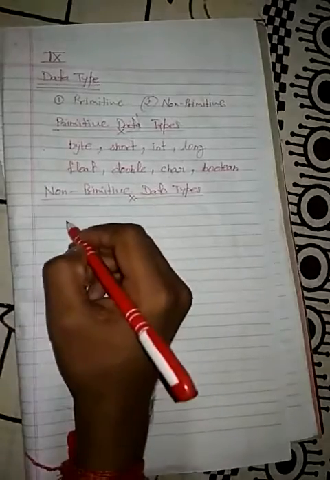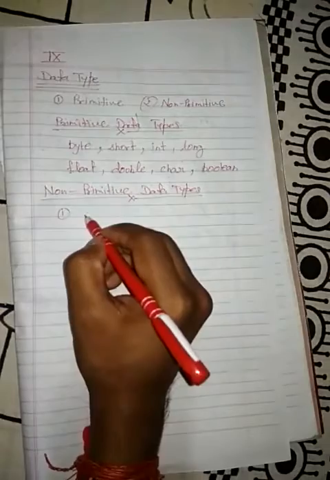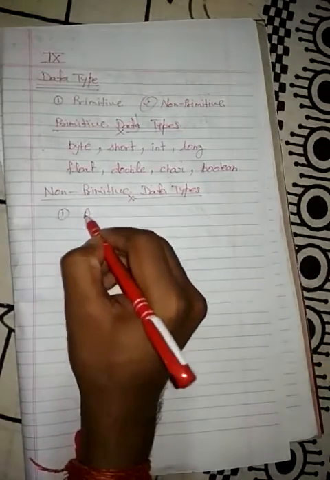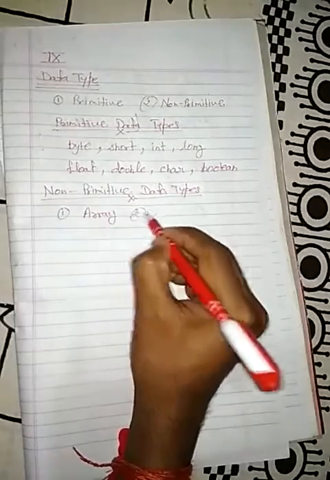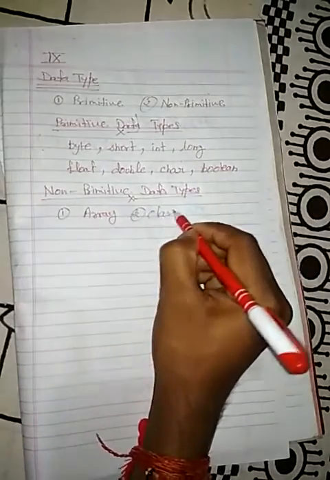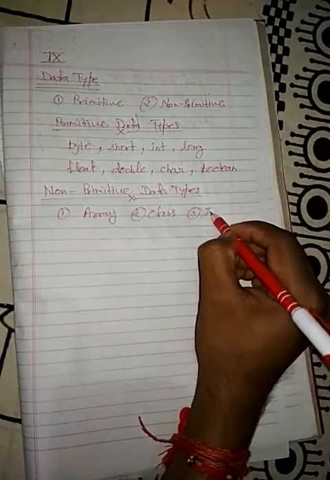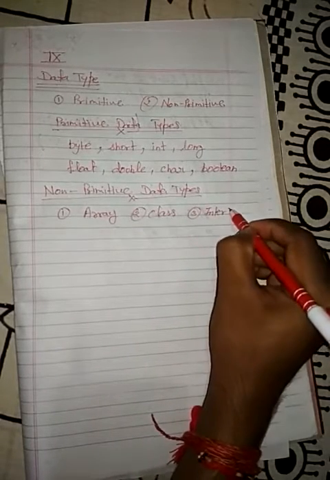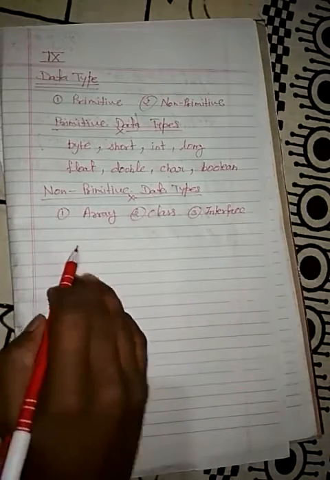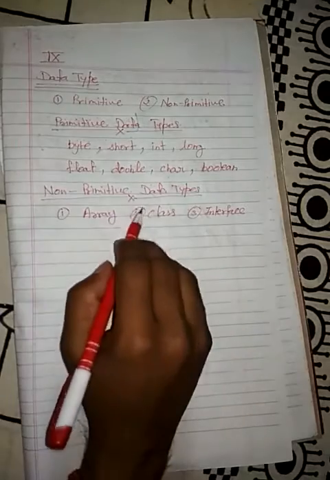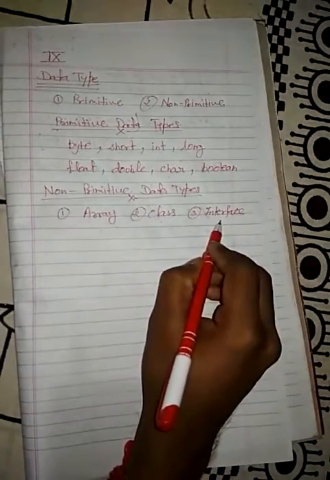Okay, there are basically only three non-primitive data types. The first one is array, second is class, and the third is interface. There are only three types of non-primitive data types: array, class, and interface.